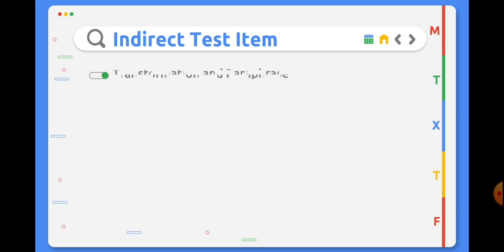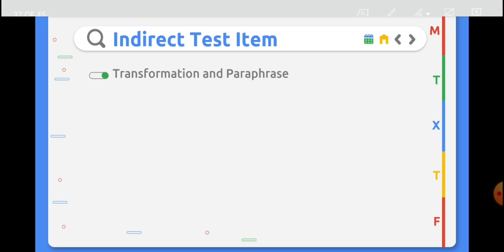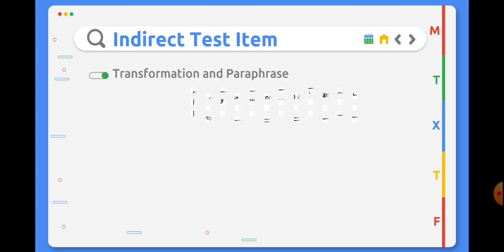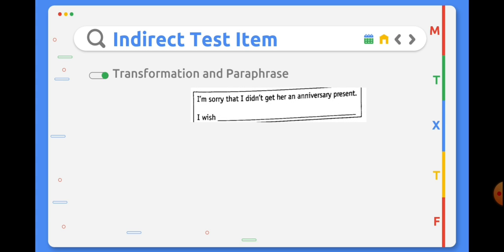Let's see the third example, transformation and paraphrase. Again, I think you are familiar with this kind of test item. For example, "I'm sorry that I didn't get her an anniversary present," and you are expected to transform the sentence by using "wish."